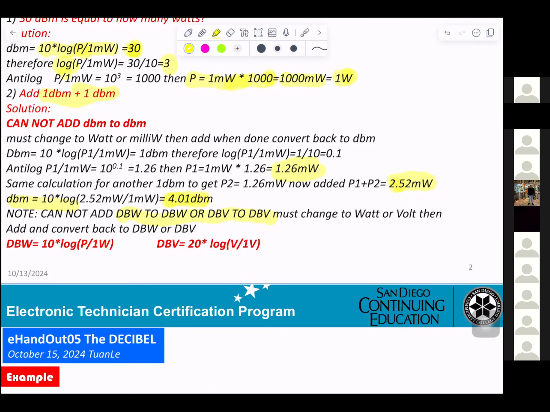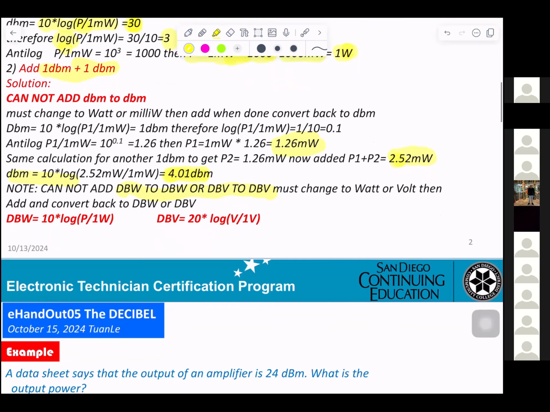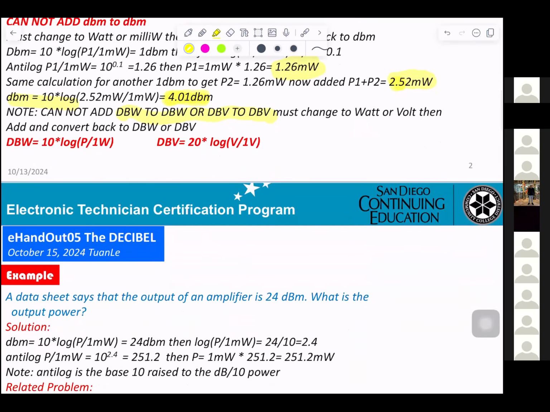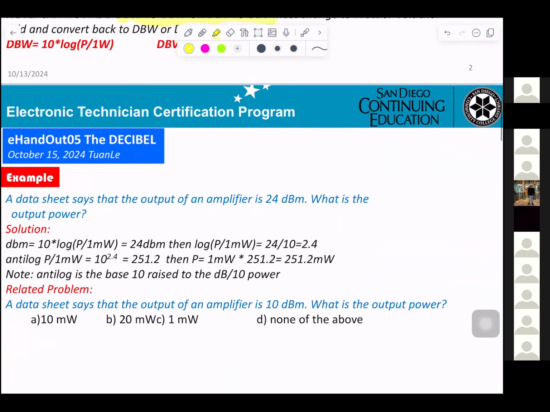So those are the formulas we need to use when we are working on decibel.